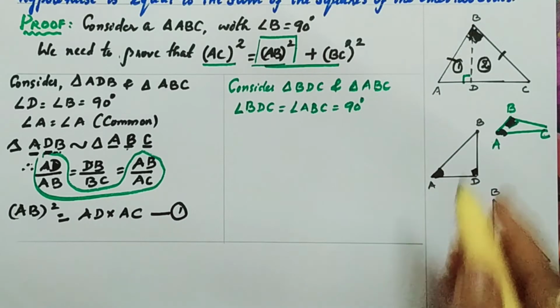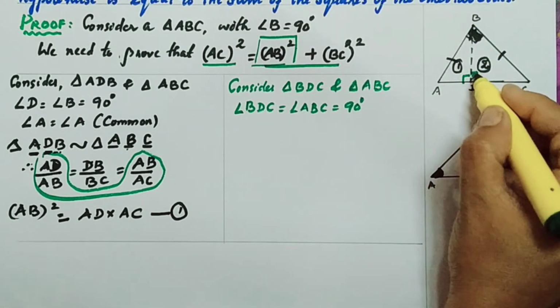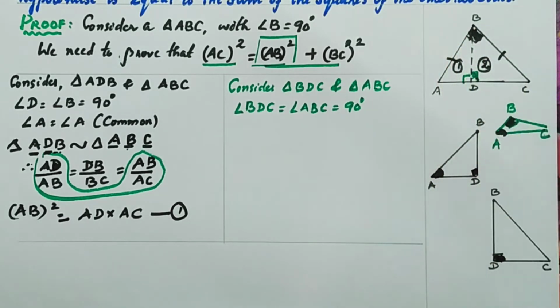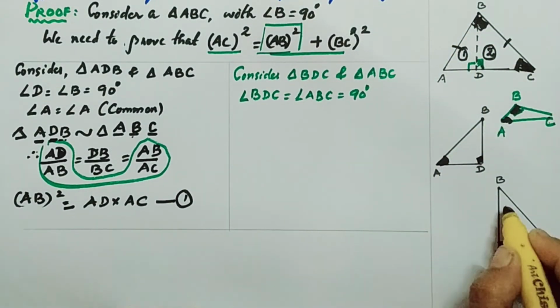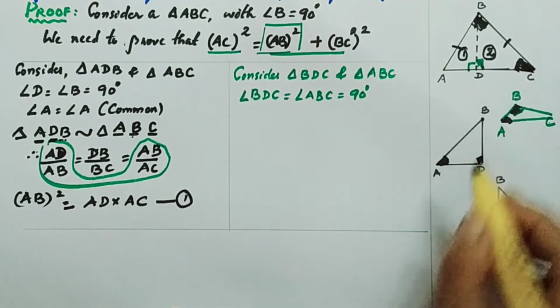Why? Because when the perpendicular is drawn, the 90 degrees here corresponds to the 90 degrees of the larger triangle. C is common for the right side triangle BDC and for the large triangle ABC.